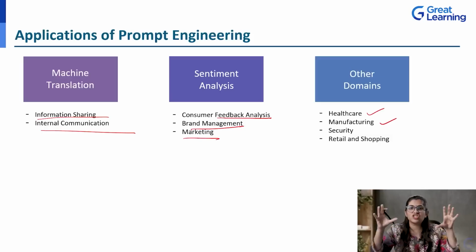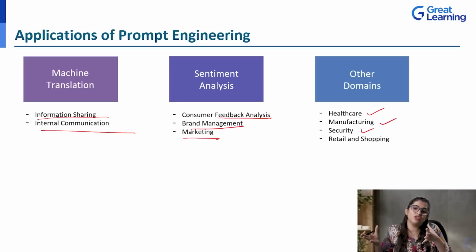The mesh, the network that you have in the manufacturing industry, can take in input and give you output results based on your prompts. Then comes security. There are attacks, and there can be a lot of AI tools that can be used to prevent those attacks, to protect your systems without failing.